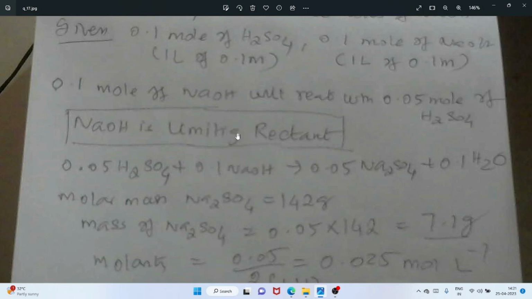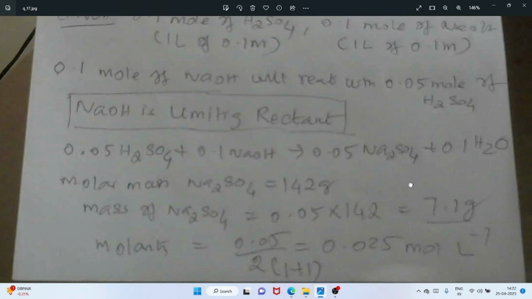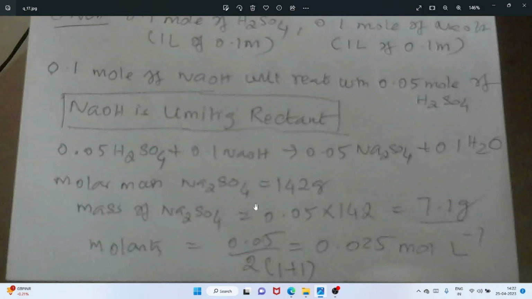So we do not use the complete 0.1 mole of H2SO4. So this will be the equation: 0.05 mole of H2SO4 plus 0.1 mole NaOH. Now the molar mass of Na2SO4 is 142, and we have 0.05 mole of the Na2SO4, so the result will be only 7.1 gram, because of that limiting reactant.